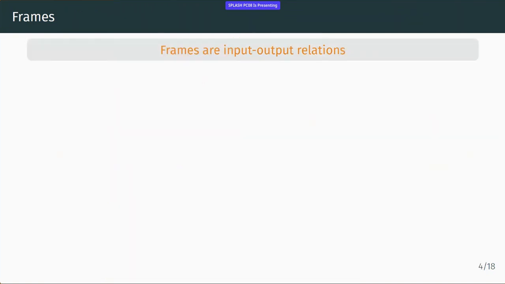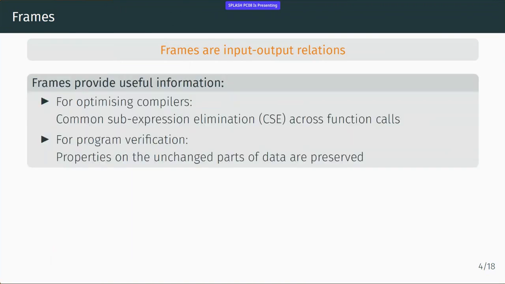So frames are input-output relations, and they are interesting because they provide very useful information. If there are compiler writers in this room, you may be interested in knowing that a function call does not modify some parts of your state, because if you have this knowledge, you could implement very aggressive, let's say, common subexpression elimination.